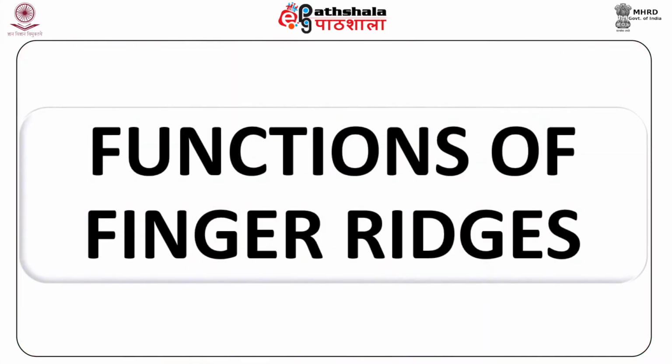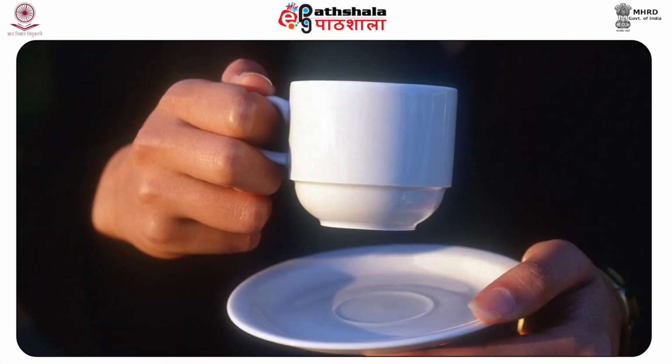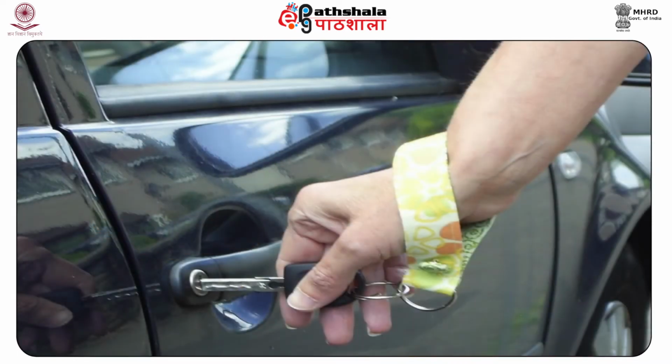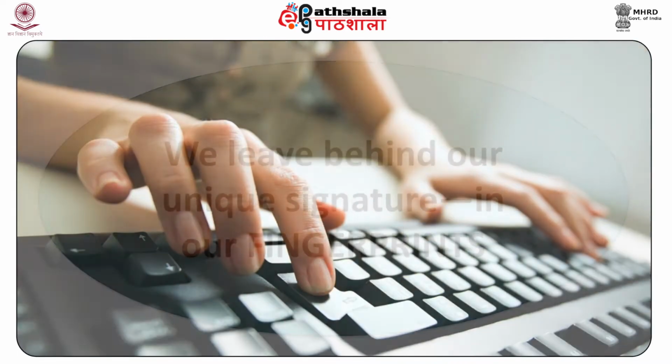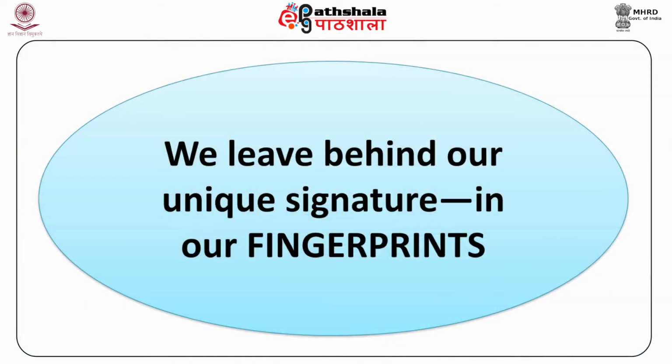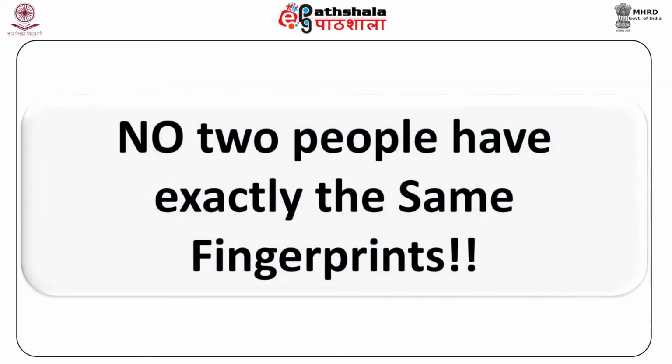Functions of finger ridges. We touch things every day: a coffee cup, a car door, a computer keyboard. Each time we do, it is likely that we leave behind our unique signature in our fingerprints. No two people have exactly the same fingerprints.